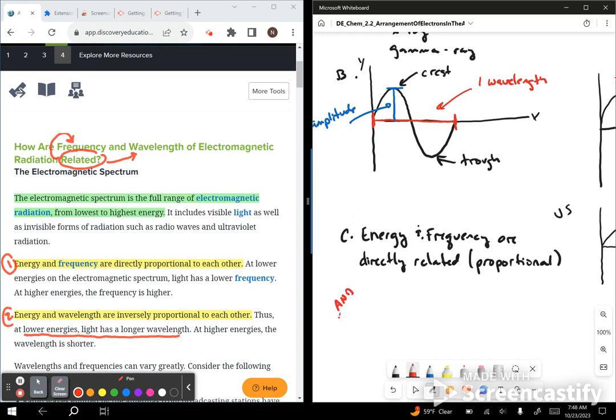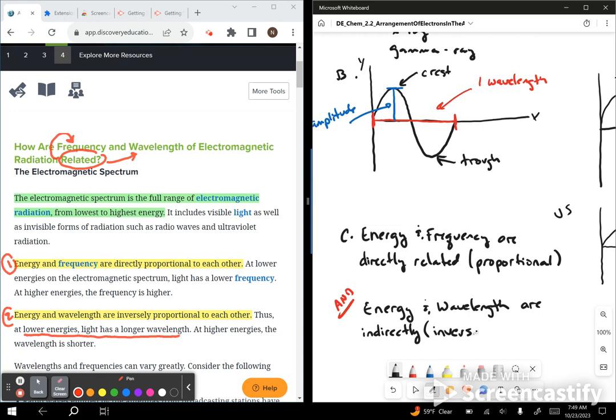And relation number 2, energy and wavelength are what we call indirectly, or what we could say is inversely.